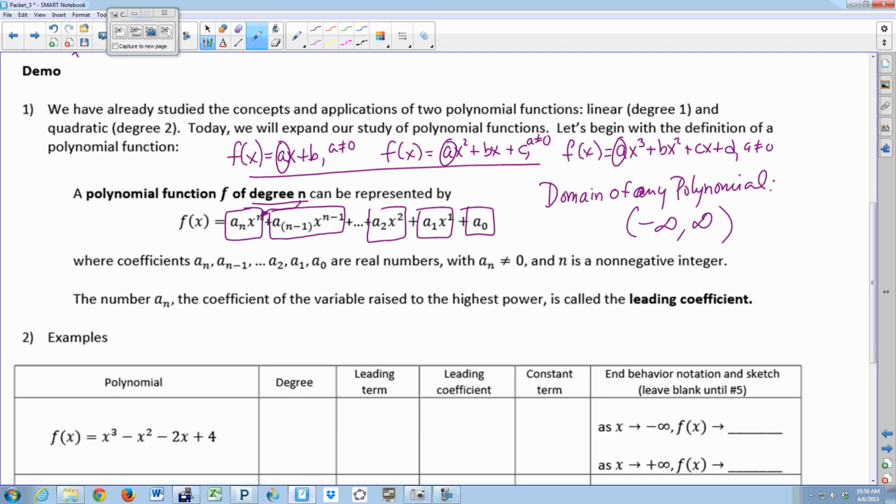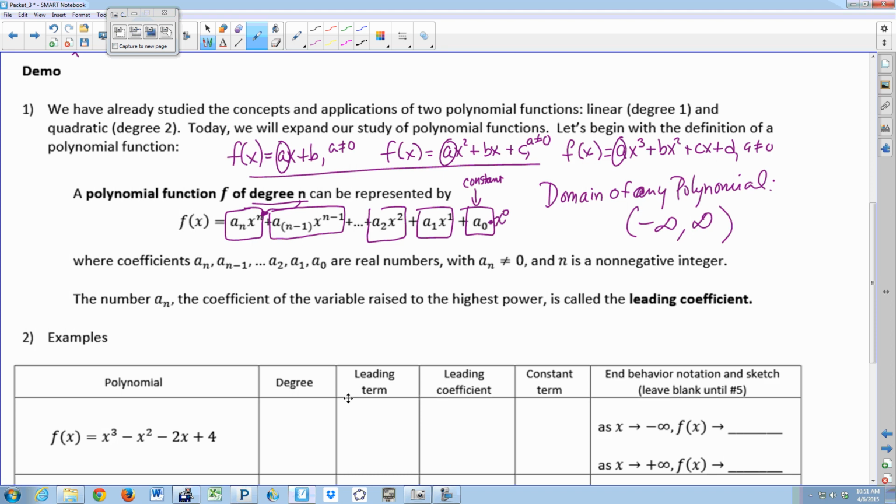It has no variable term. Someone might say, well, Linda, what if I put this times x to the 0 power? Would that be okay? Well, what's x to the 0 power again? 1. So a sub 0 times 1 is a sub 0. We don't bother putting the x to the 0 there because we understand it to be 1.